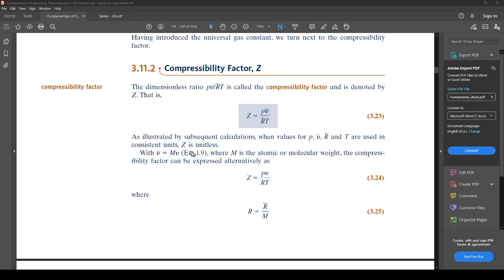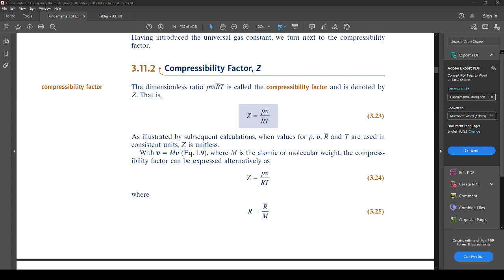It says, as illustrated by subsequent calculations, when values for P, V, R, and T are used in consistent units, Z is unitless. With V bar, which is M times v, where M is the atomic or molecular weight, the compressibility factor can be expressed alternatively as Z equals P V bar over R bar T. So right here, one of these is in different units, so you can express it in both.